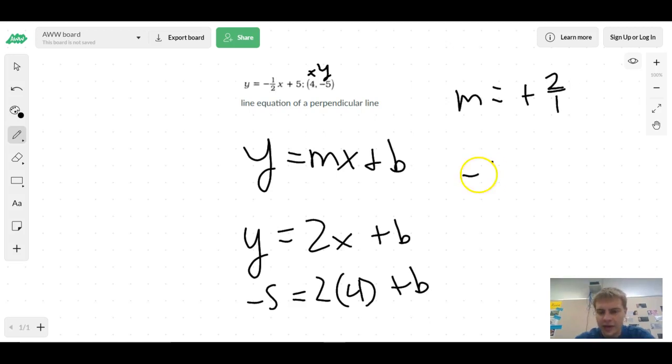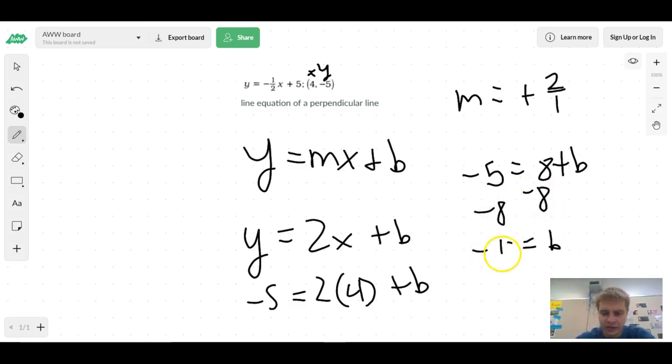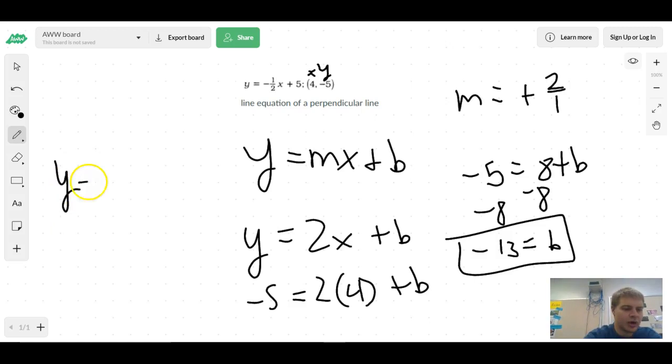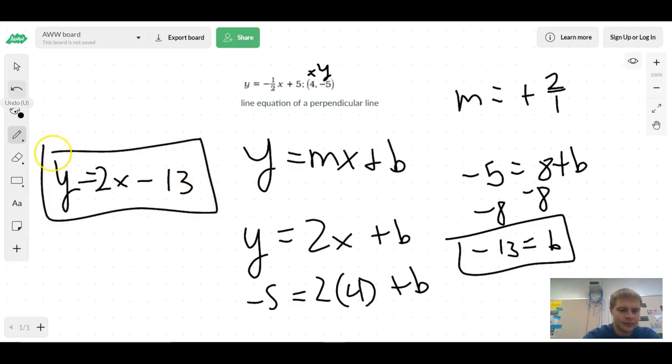We would now have -5 equals 8 plus b. Minus 8 on both sides, I'll have b equals -13. Now that we have that, we can write the whole equation, which would be y equals 2x minus 13. And that would be my answer.